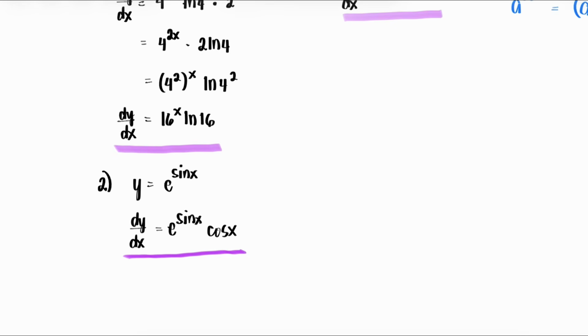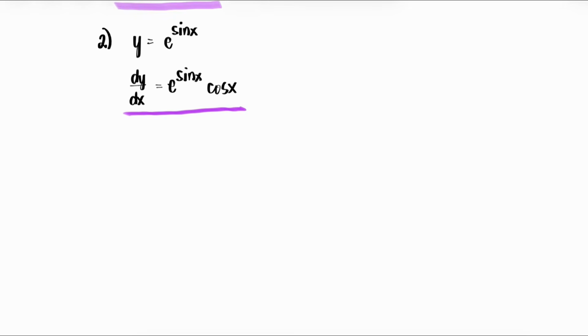Let's have more examples. Let's find the derivative of y equals 1 plus 2 to the power of x divided by 1 minus 2 to the power of x. It's a fraction, which means we are going to use the quotient rule.